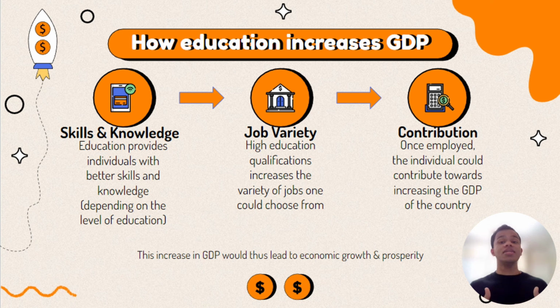Therefore, once these individuals have found jobs and start working in various industries, they would contribute to the total value of goods and services, or in other words, the GDP of a nation. And as we have mentioned earlier, economic growth refers to the increase in the total value of goods and services produced in a nation. Therefore, we can see how education would bring all the pieces together and help contribute towards economic growth.